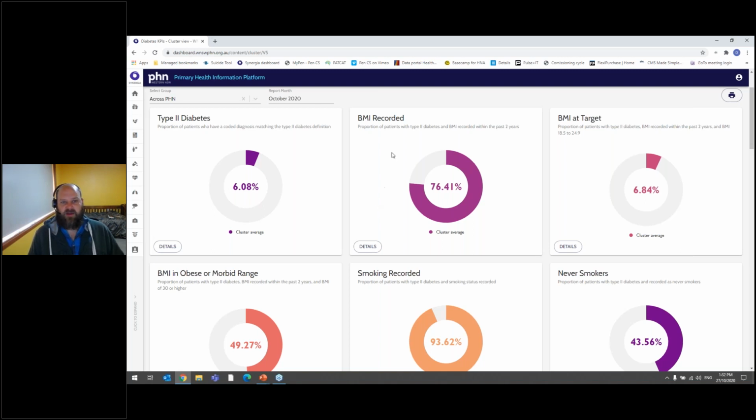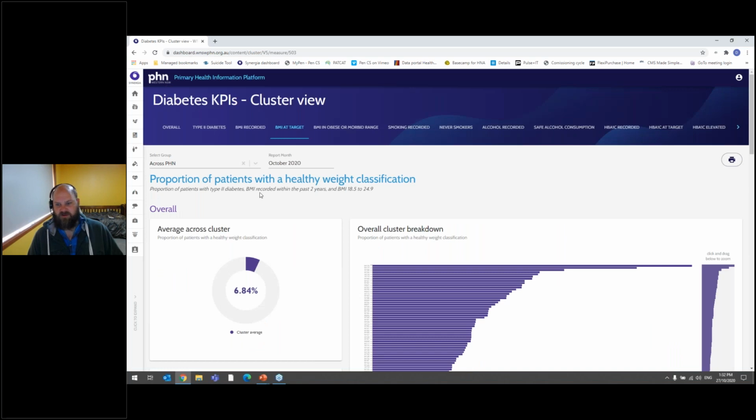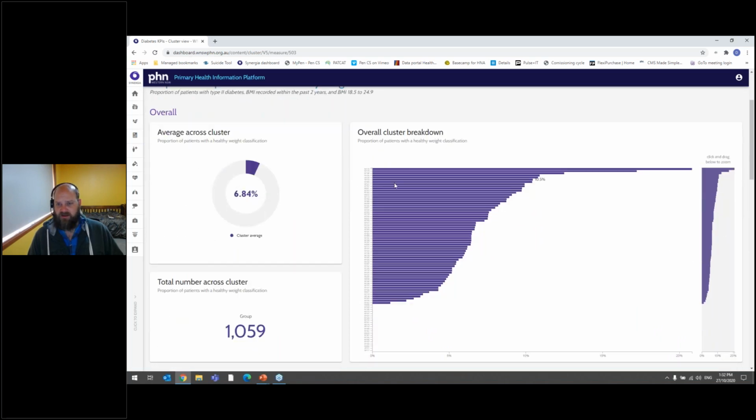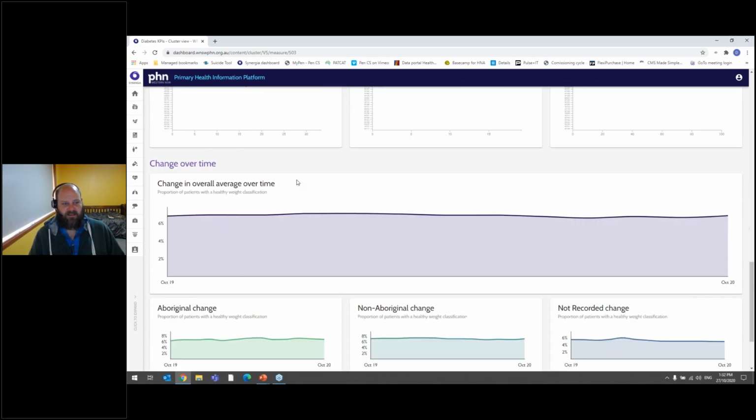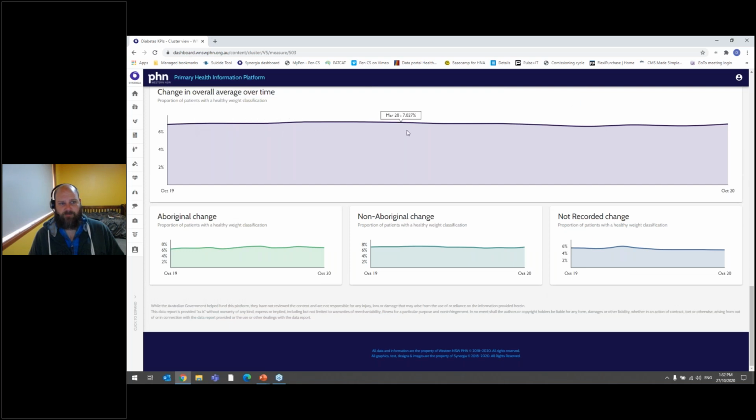The next step is BMI being recorded in the last 2 years, and critically, those with type 2 diabetes that have had their BMI recorded and in a healthy range. You can see there's a lot of variation across the region for that, and how it can also change over time.